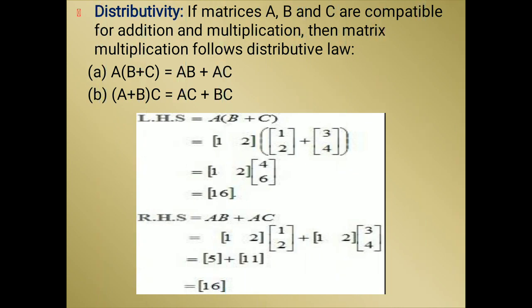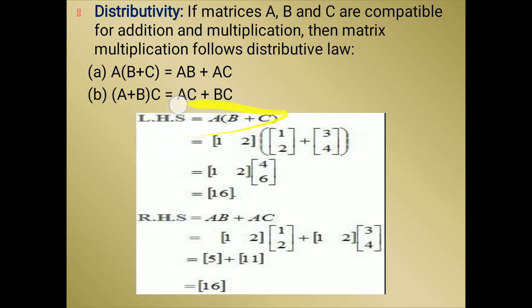Next is distributivity. If matrices A, B and C are compatible for addition and multiplication, then matrix multiplication follows the distributive law. We have already studied these laws, but one by one we are taking examples so that it becomes clear whether the property applies to matrix multiplication or not.